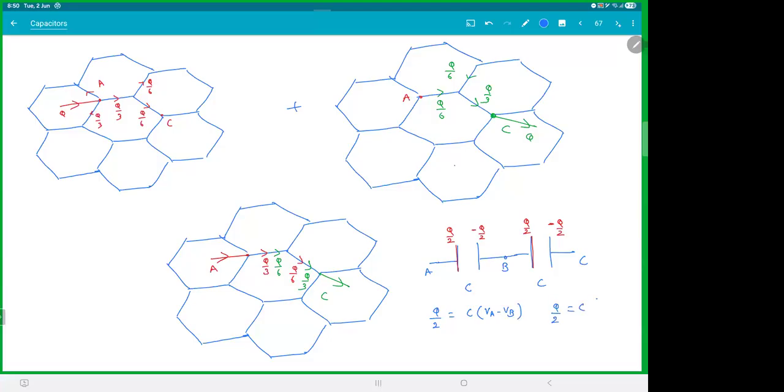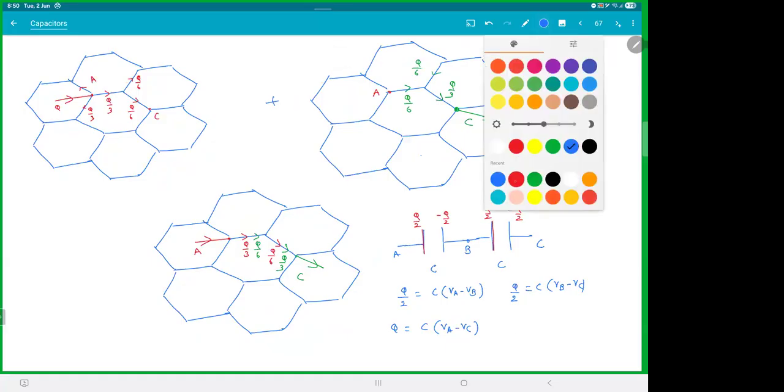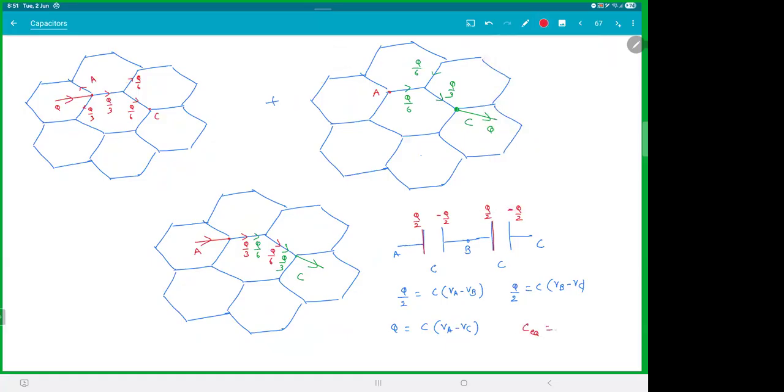Q by 2 is C into VB minus VC. Add them, you will get Q is equal to C into VA minus VC. And then you're done, right? That is the definition of C equivalent. C equivalent is Q by VA minus VC, which is C. So this whole circuit is equal to one capacitor C.